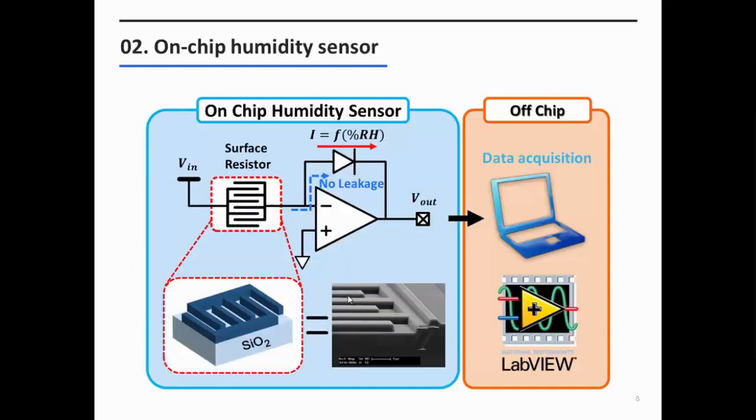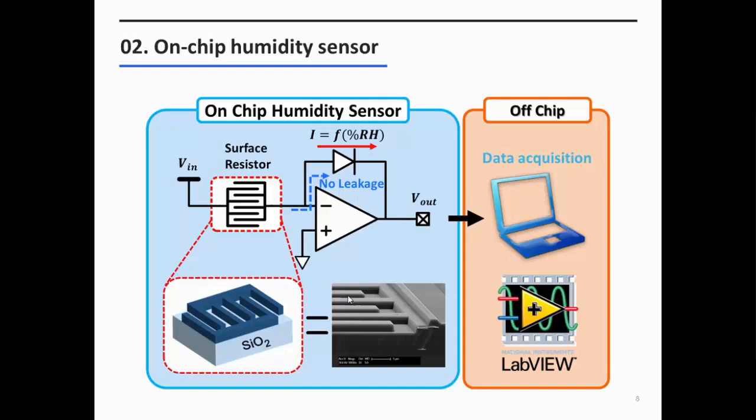This figure shows the structure of our proposed humidity sensor. The sensor consists of a surface resistor and a load converter. If a constant voltage is applied to the surface resistor, at this point and this point, a certain amount of current will flow through the surface resistor, depending on the relative humidity level. And as I already said, the current flowing through the surface resistor has an exponential relationship with relative humidity.